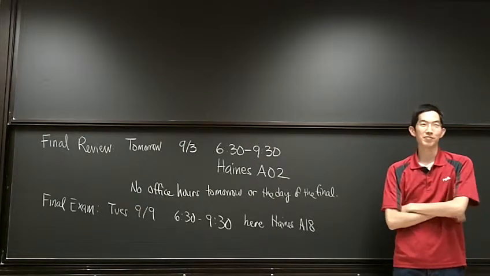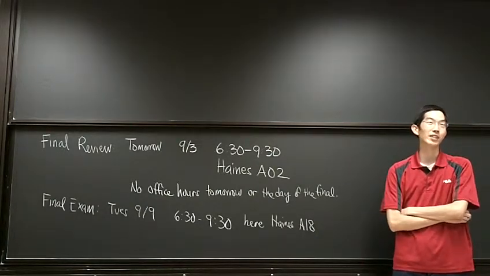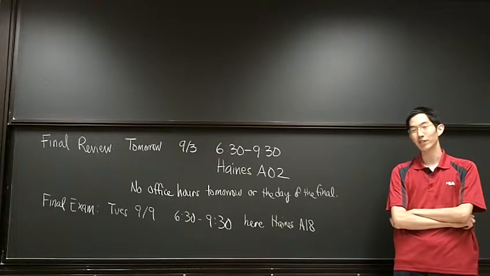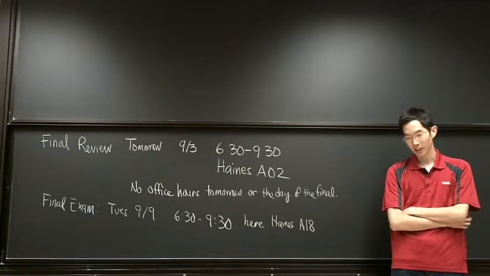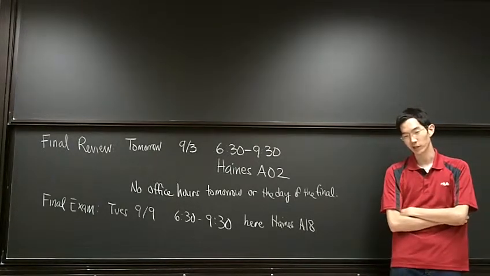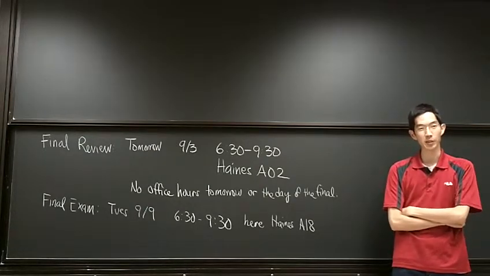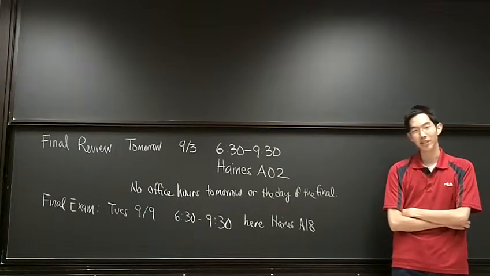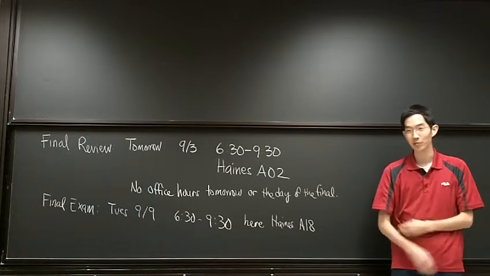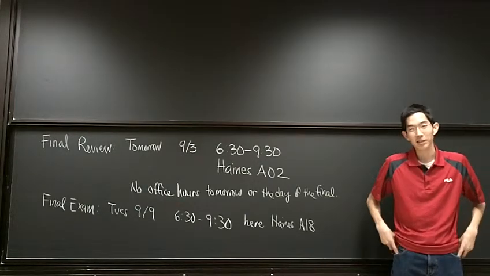Or maybe it would ask you approximately what percentage of data in a normal model is within 1 standard deviation of the mean. And you would say around 68%, okay? Things like that.